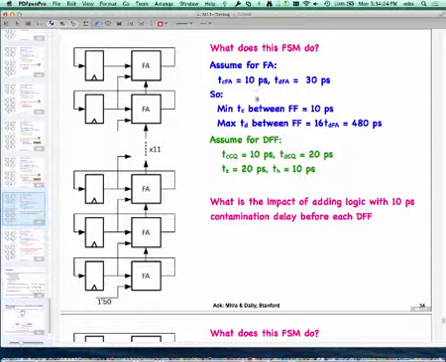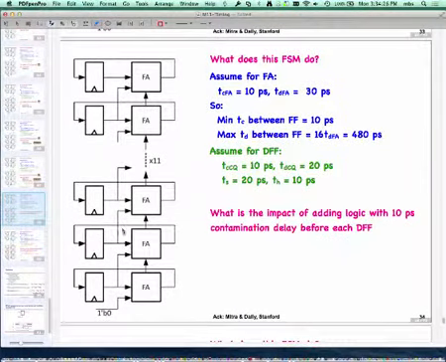These numbers? Oh, so for the full adder, we are assuming that the contamination delay is 10 and propagation delay is 30. So if you look at the whole full adder, it has 16 bits of inputs and 16 bits of output, and we have to find its contamination delay.